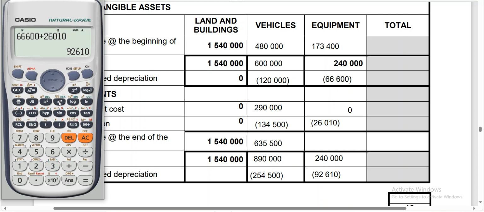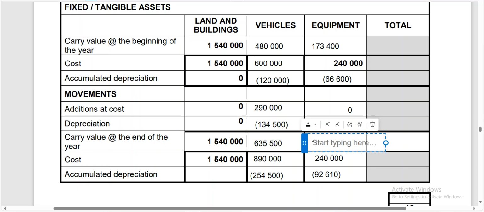Then I'm going to say 240,000 minus 92,610, and it is giving us a carrying value of 147,390. So our total carrying value is going to be 147,390.